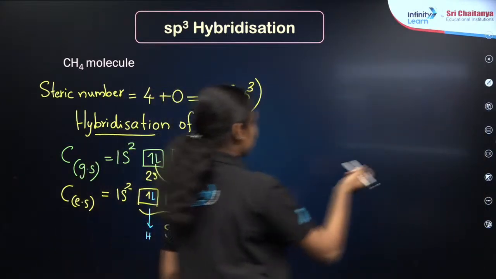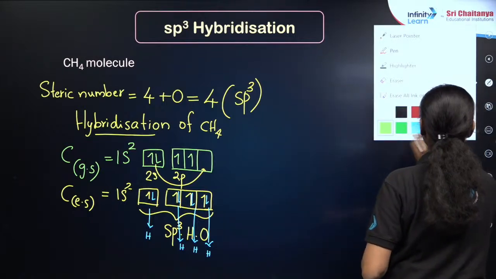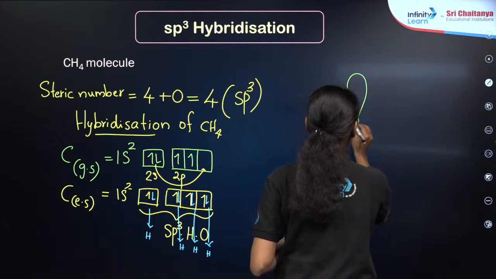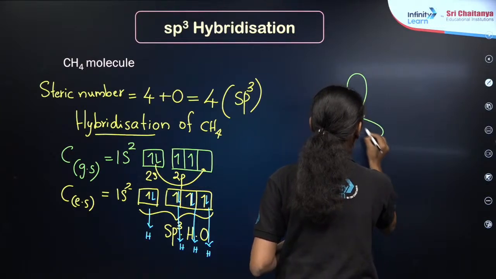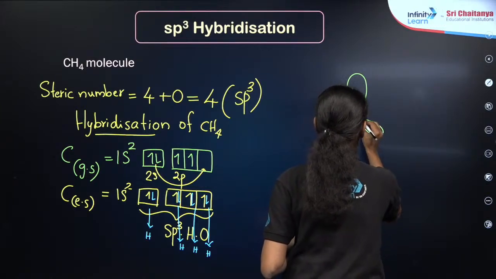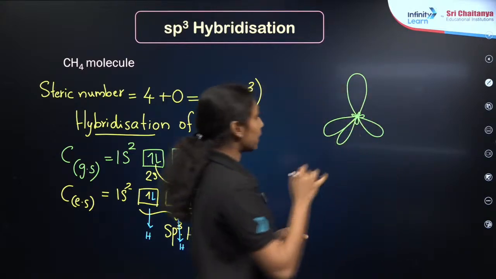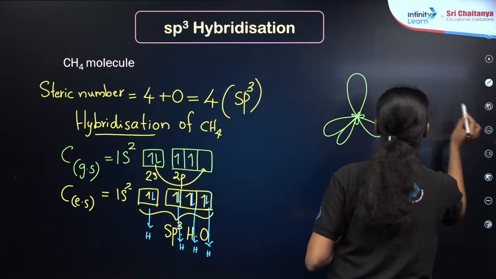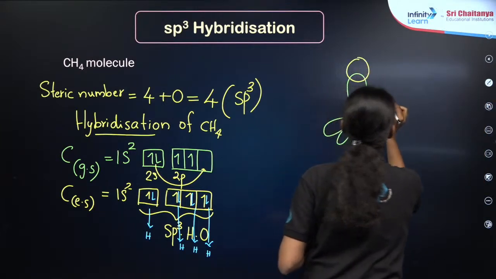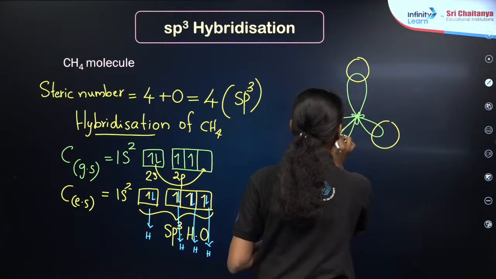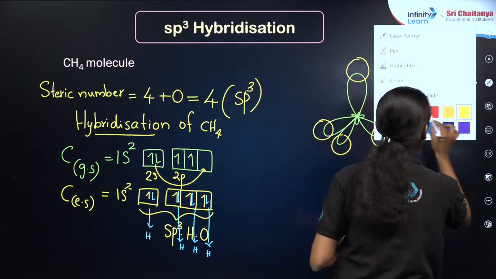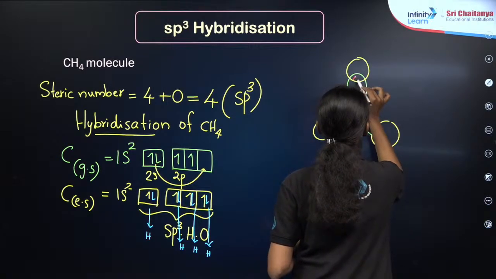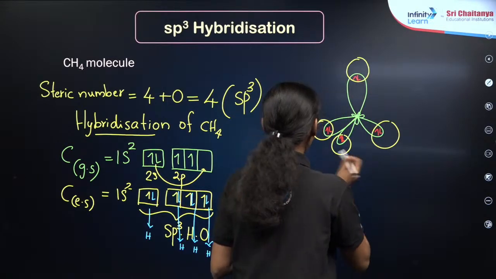Now we can draw the hybridization structure here. Okay, this will be the sp3 hybridized orbitals in which the 1s orbitals of 4 hydrogen atoms are overlapping. I will represent this overlapping with the yellow color. So what is happening here?